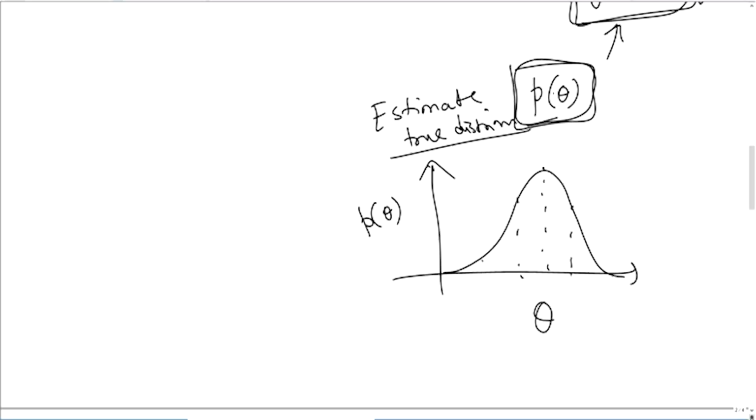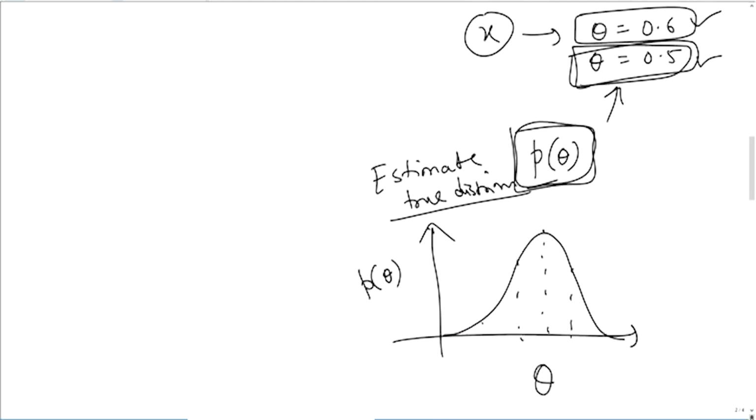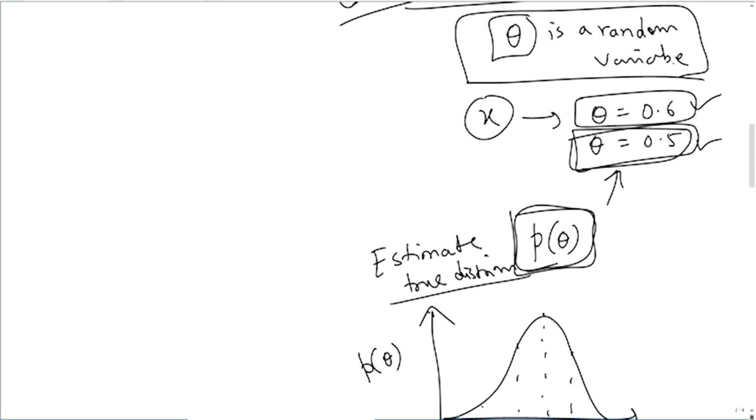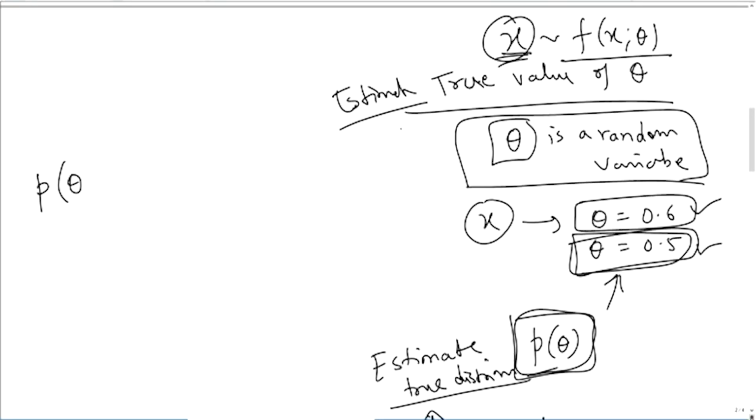How do we estimate the true distribution of theta? That's where Bayes theorem becomes very important. Now, this true distribution of theta that you want to estimate is actually conditional on the data that you observed, right? Because you already collected this data x.